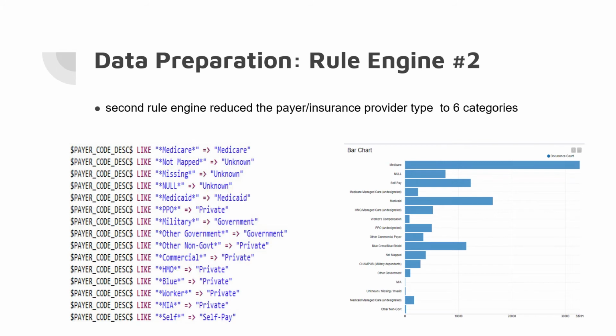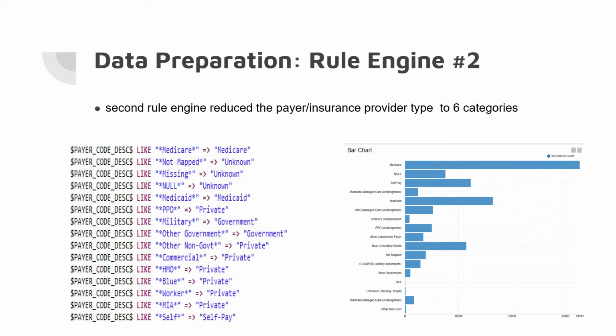Rule engine number 2. The second rule engine we used was applied against the pair code / insurance variable. The variable basically conveys the type of insurance or payment the customer used for their encounter visit. We had 15 different categories, and we pared them down to 6 categories.